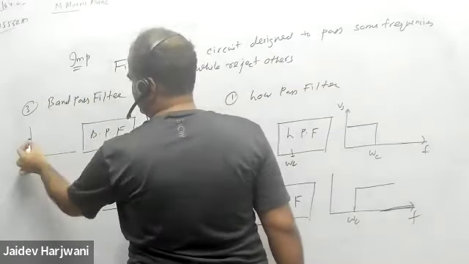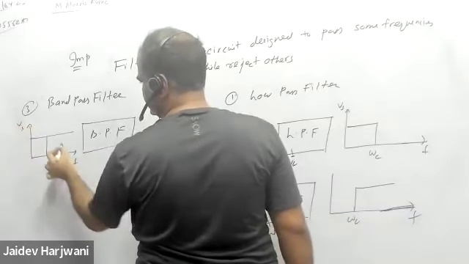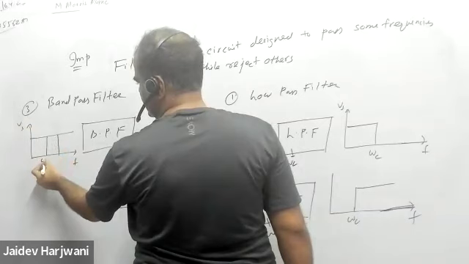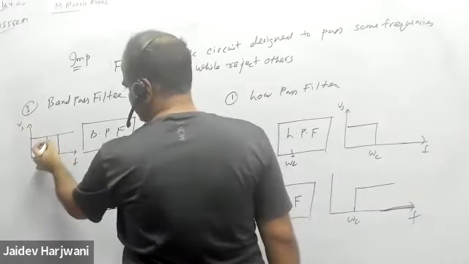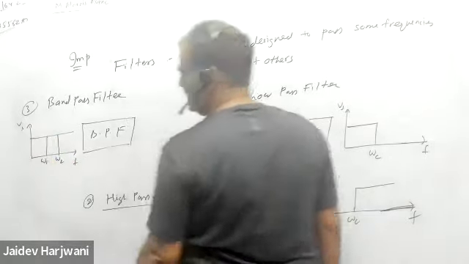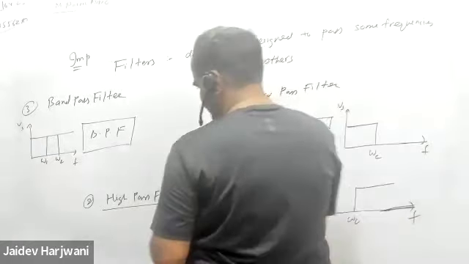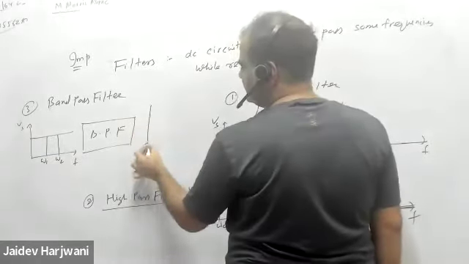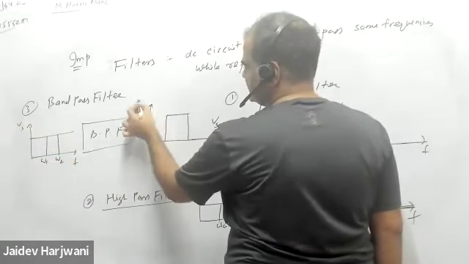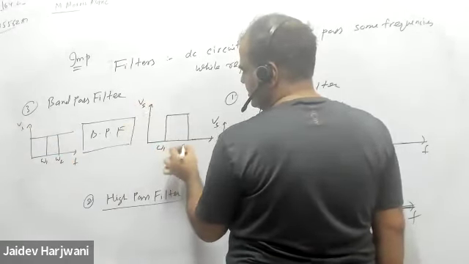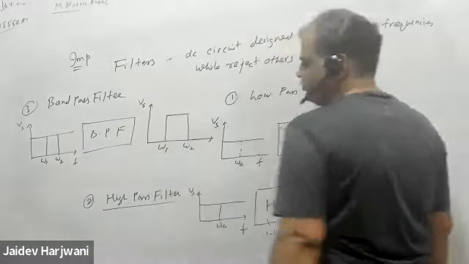You have a signal of all frequencies, but it will pass only this range. Of course, there will be some frequency where the gain will be 1. So this is basically a range. It will pass only a range of frequencies, so your output will be a band passed between the range omega 1 and omega 2.